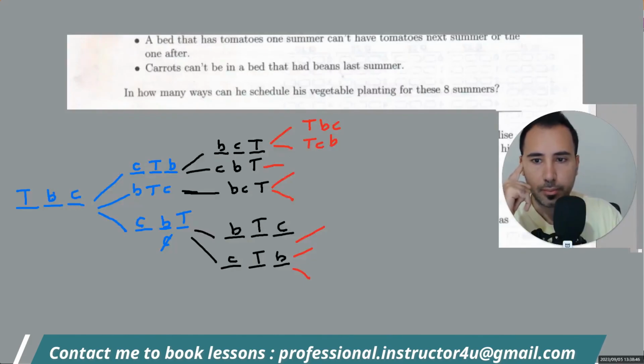So T has to be in the first place. So B here, C here. As I said, these 2 are going to give 3. This one will give us 2. So T will go in the first place. So TBC, TCB. Now here, the last one.